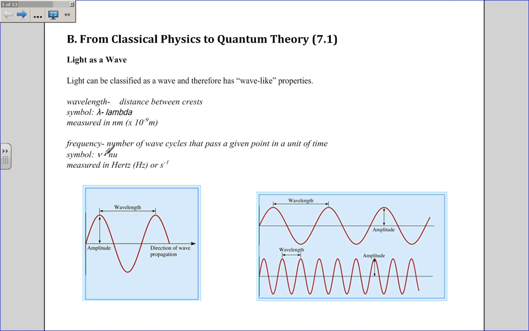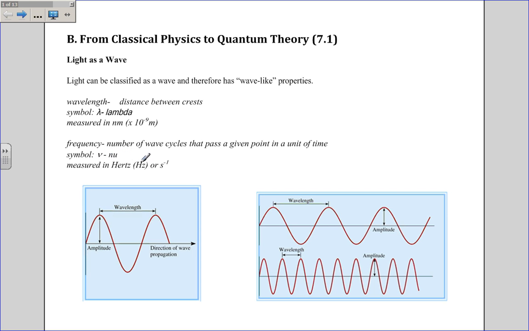The symbol that we're going to use to represent frequency in chemistry is nu. It's kind of a fancy looking v to distinguish it from v for velocity. In grade 10 science, you used f to represent frequency, and we're just going to be consistent with the textbook and use the symbol nu.